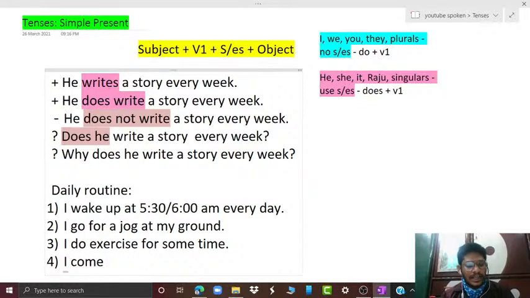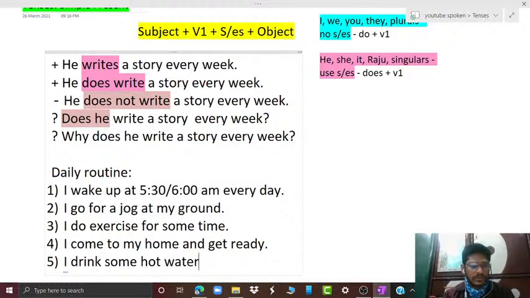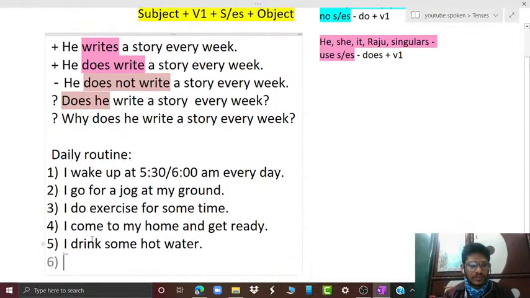Yes, I come back to my home and get ready. I drink some hot water.